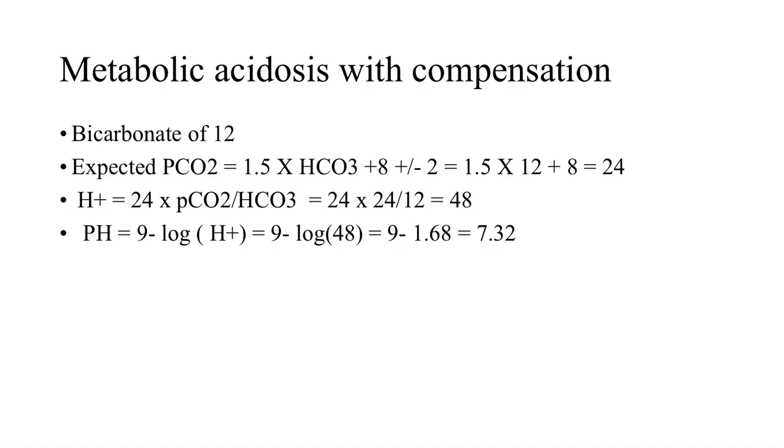So once we plug in the PCO2 of 24 instead of the 40 in the previous situation, you get an H plus concentration of 48 nanomoles per liter, and plugging it into our formula, you do log 48, and you get a pH value of 7.32. It's a far better situation than a pH of 7.1, and this is what most of our patients should be doing, that is compensating adequately to a metabolic acidosis by blowing off more PCO2.